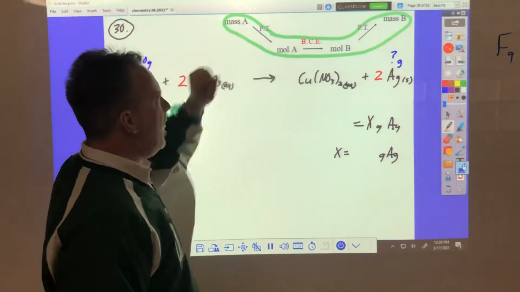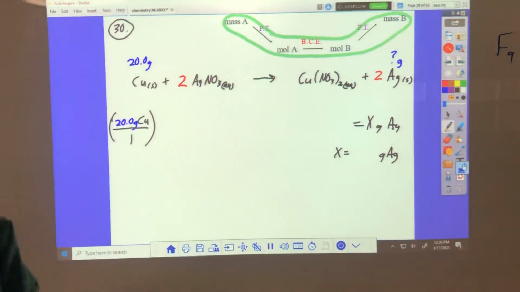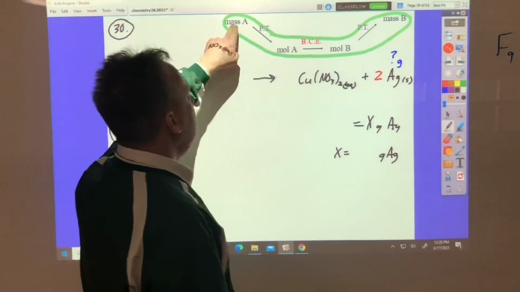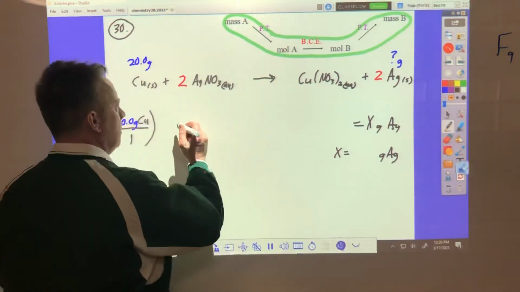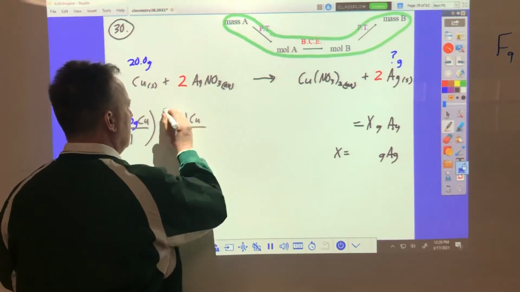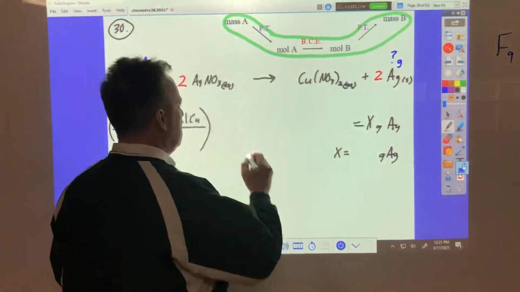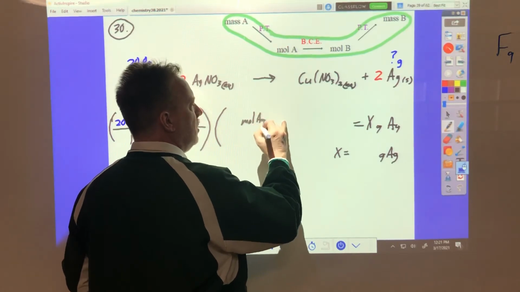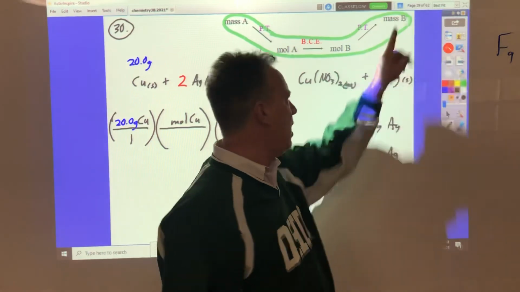Copper's playing the role of A. Silver's playing the role of B. So we're going grams of A, mass of copper, to moles of copper. And then next is moles B. So we are going to moles Ag, silver. And then the last step is to convert to grams of silver.